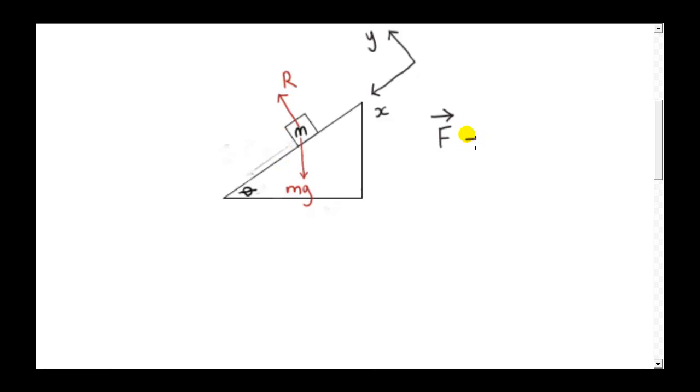But let's look at the components of the resultant force. Let's call the x component F sub x and the y component F sub y. i and j, as usual, are unit vectors, that is vectors of magnitude 1 pointing along the x and y axes respectively.